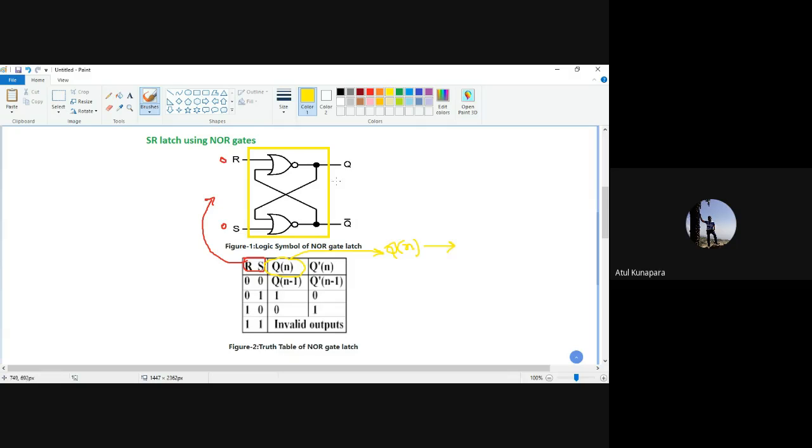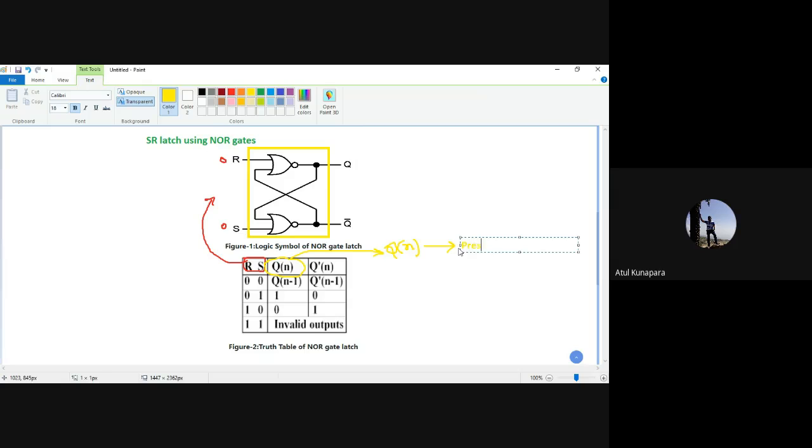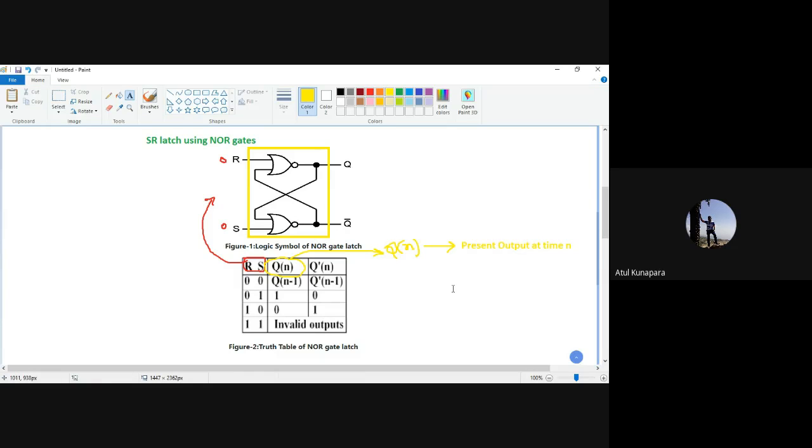What is Qn? It is the present output at time frame n, or moment n. And what is this Q dash n?